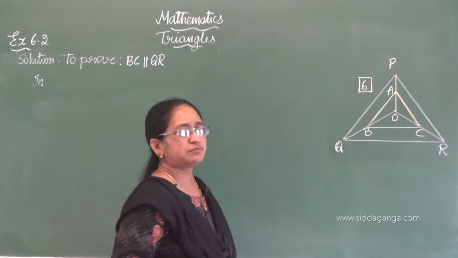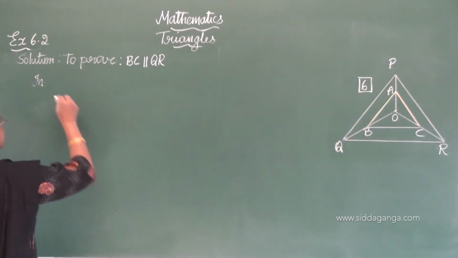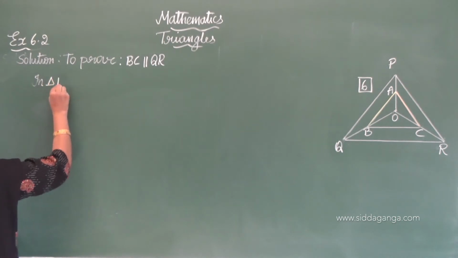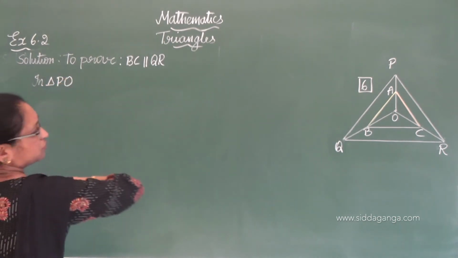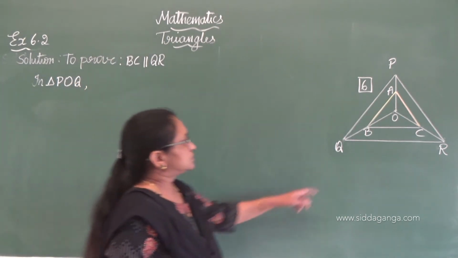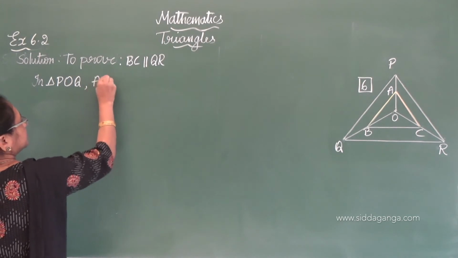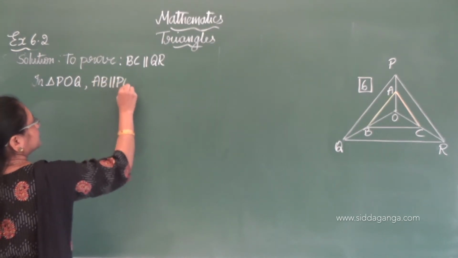So many triangles are there, but we are going to take triangle POQ. In triangle POQ, given AB is parallel to PQ. They have given.